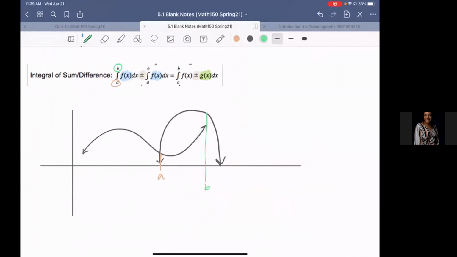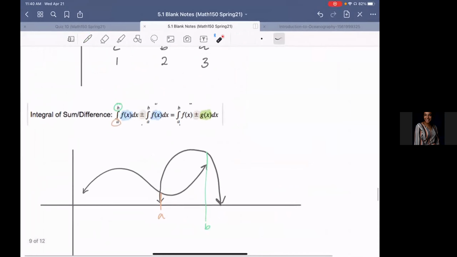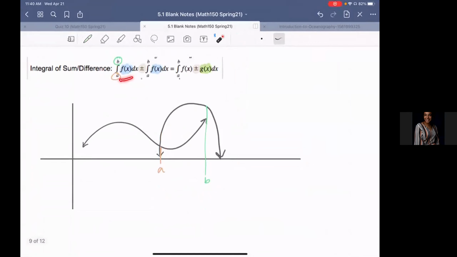We noticed that f of x was the same, and that we started with a and we ended with b for both of them. We also noticed that these signs stayed plus or minus, so there wasn't flopping on each side. And we drew up two graphs. Since we saw the f of x here, we drew an f of x and then a g of x, and we had the idea that maybe somehow they were connected, that they crossed somewhere, and that maybe we were describing area somewhere in here.